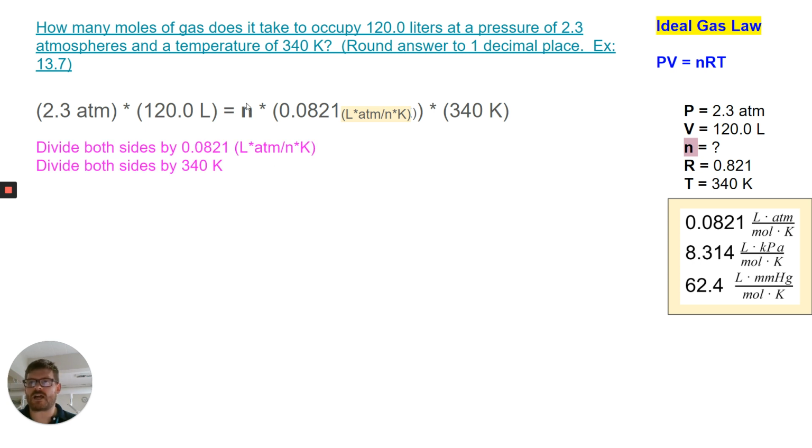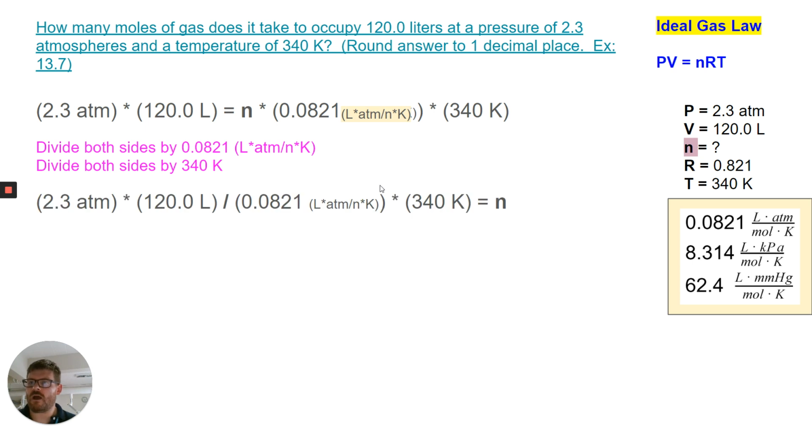So what we need to do is isolate for N, which is our moles. So you can see the steps. From there, this is what it's going to look like. Pressure times volume, divided by R times T, is going to equal N, or moles.